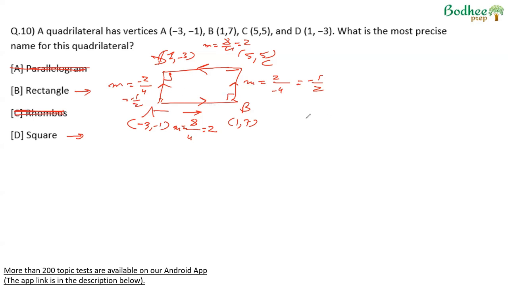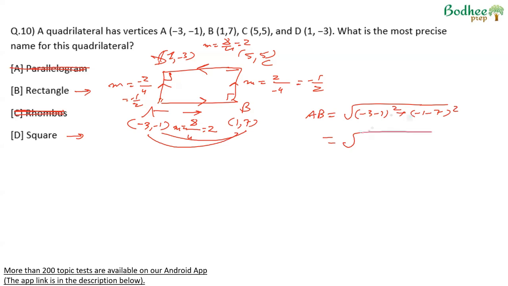The length of AB, for example, will be the root of (-3 minus 1) whole squared plus (-1 minus 7) whole squared. So this becomes root of 16 plus 64, root 80.